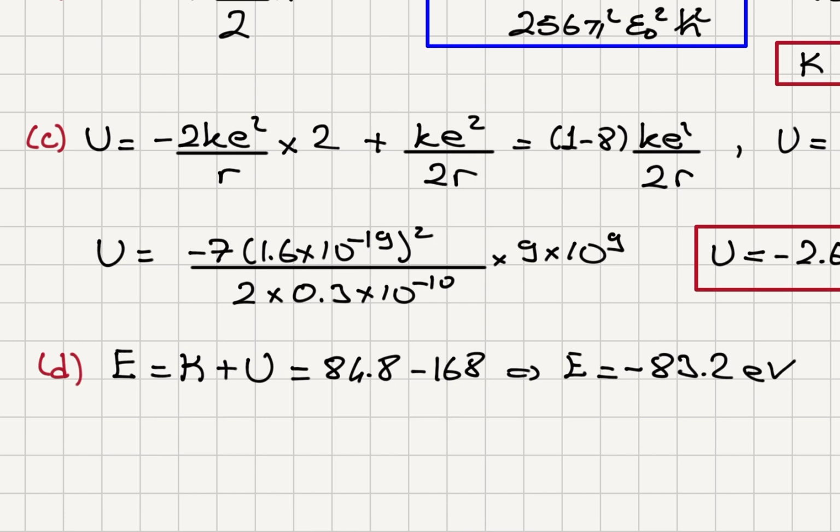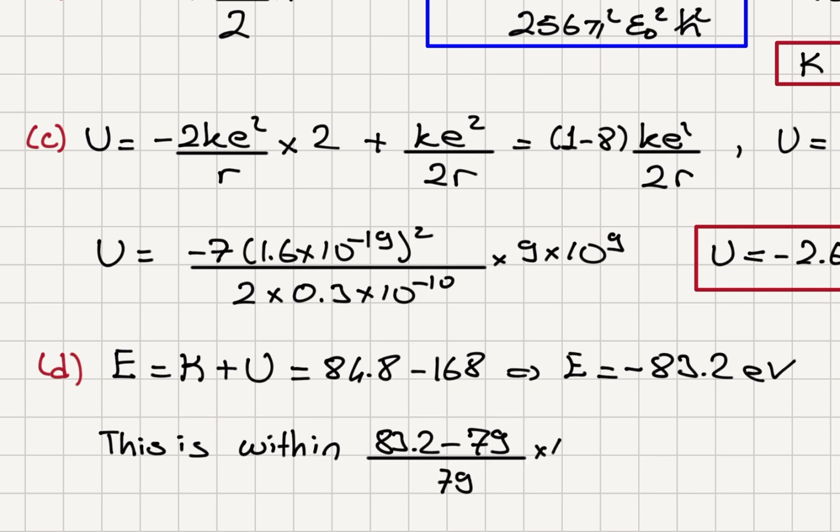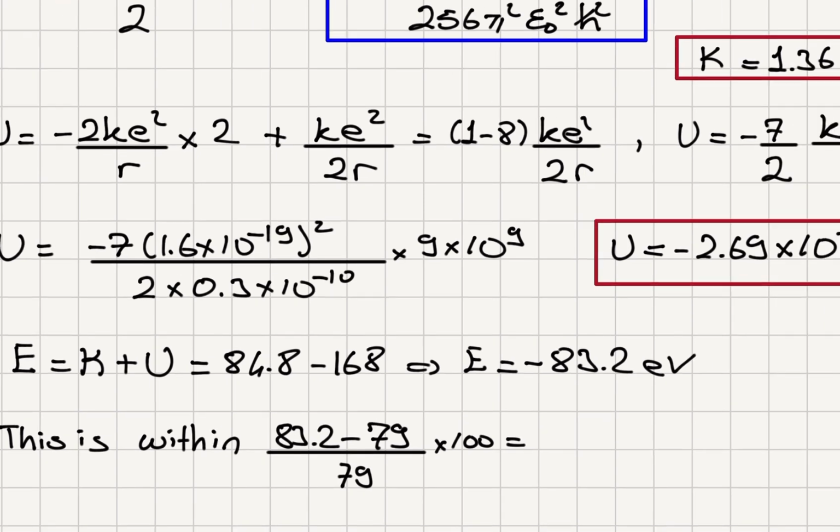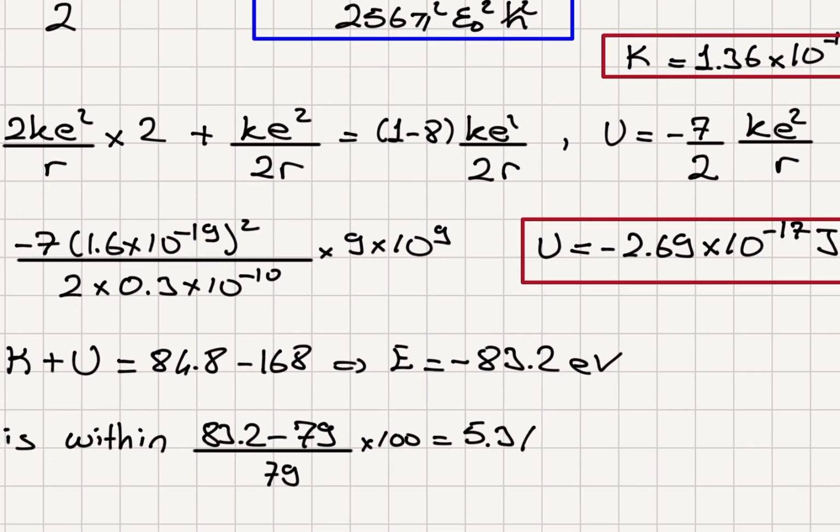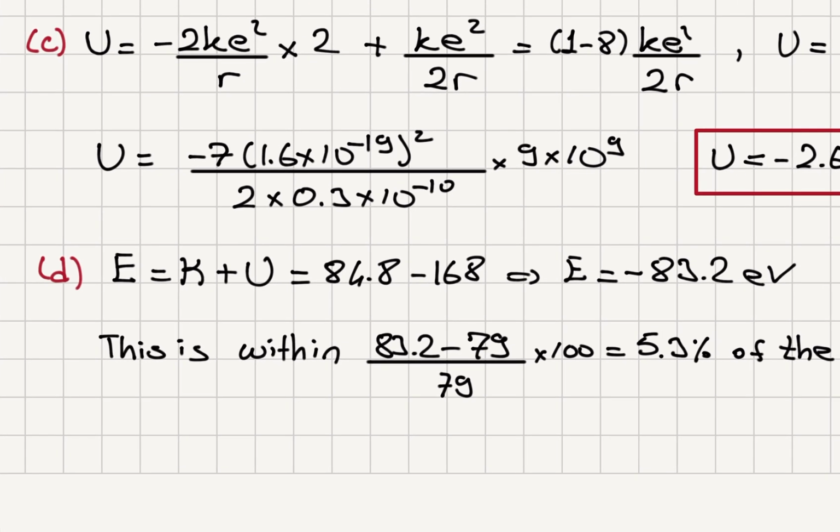Now, this value is within what percentage of the experimental value? 83.2 minus 79, the experimental value, divided by 79 times 100, which is 5.3% of the experimental value.